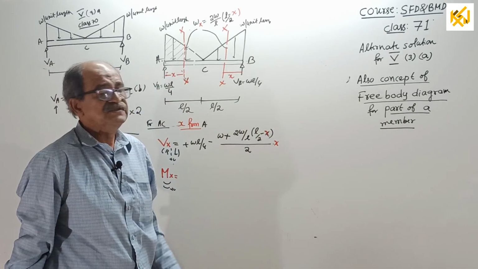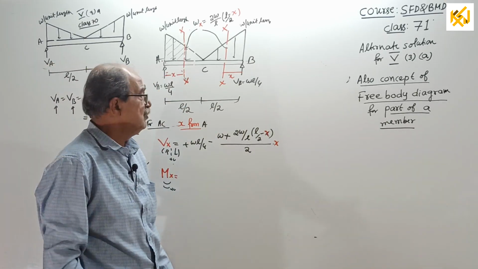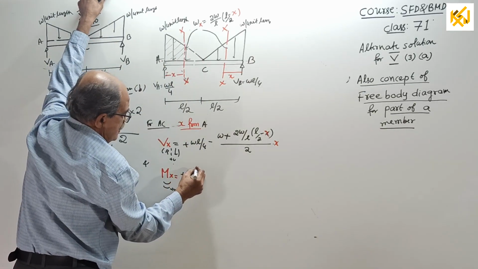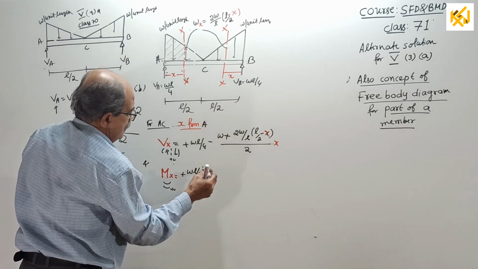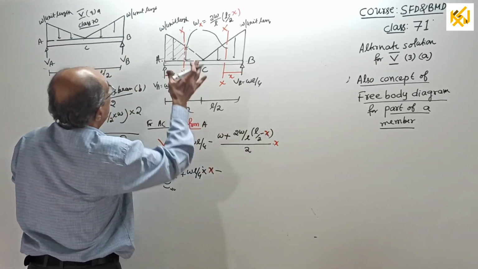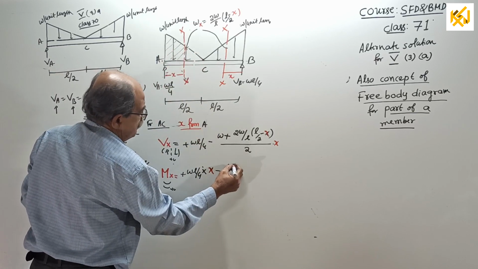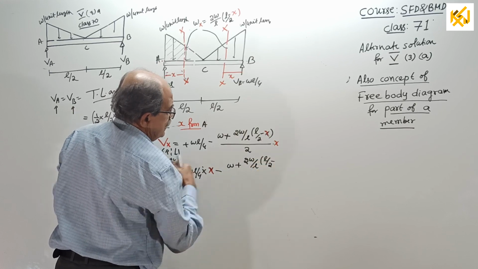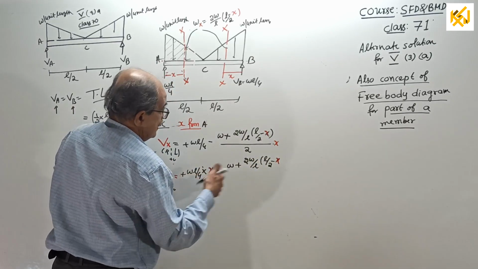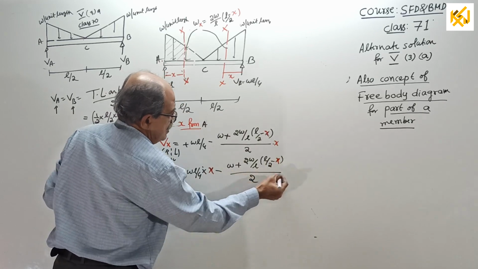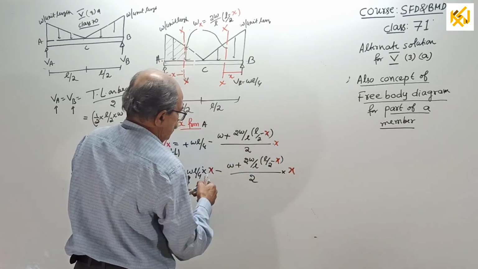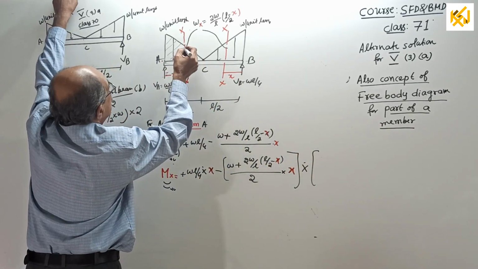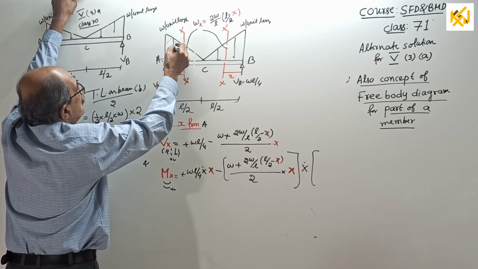Then I simplified it. See how much you have to simplify? Lengthy calculation. And then the BM I wrote: plus WL by 4 into X, minus the moment of this load. It is W plus 2W by L into (L by 2 minus X), divided by 2 into X, which is the total load, into the distance of the CG of that from here. The total load is acting here.